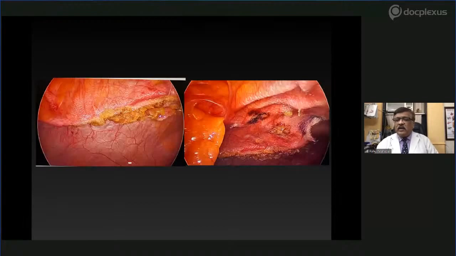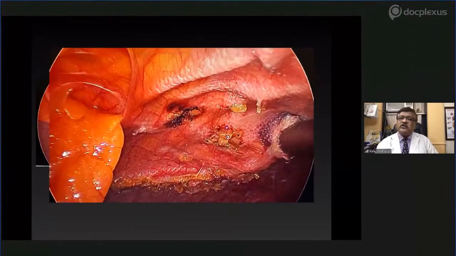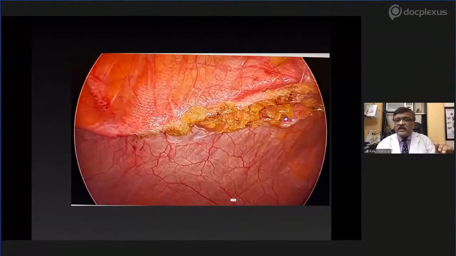If you see here, this female was operated way back in 2002 for an epigastric hernia by open retrorectus repair. She came to me for a laparoscopic cholecystectomy, and I put a port inside. You can see the adhesions are very minimal, and at the edge of the mesh, those are very flimsy adhesions.